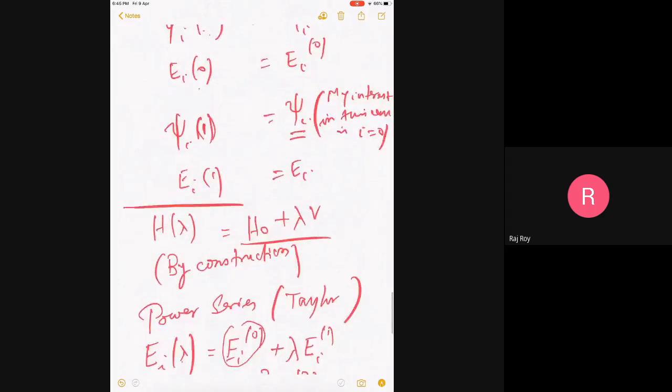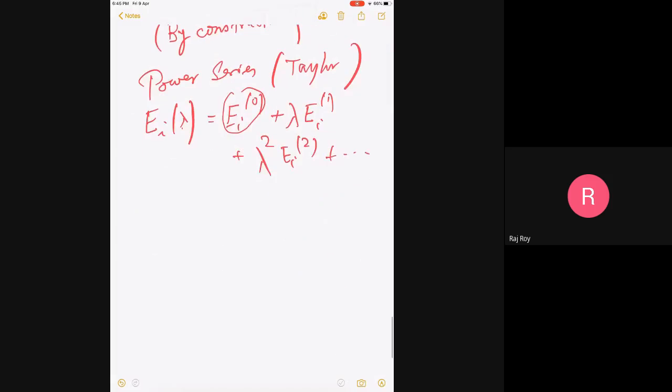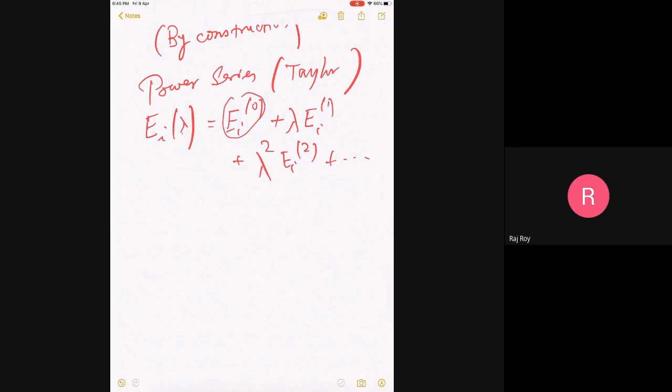I've already told you, EI0 is EI0. So when lambda equals 0, everything else will vanish. Then it is lambda times one coefficient, I'll just write EI1, lambda squared EI2, just like f of x. Obviously, if it is a Taylor series, you would like to write them as derivatives, in which case there should be a factor of half. But don't worry about it, that half can be absorbed. Right now, I'm just writing a power series expansion.